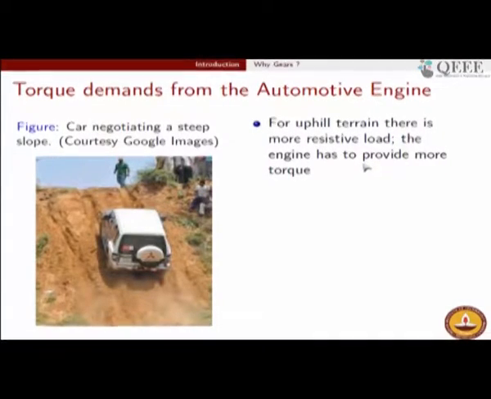You are not being able to climb the uphill so very easily. The same thing is felt by the vehicle which is negotiating a steep uphill terrain. There is a very high resistive load. So, the engine associated with this automobile should be able to give that load torque which counters this resistive load, otherwise the vehicle will not move uphill.